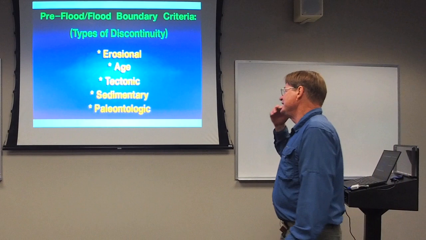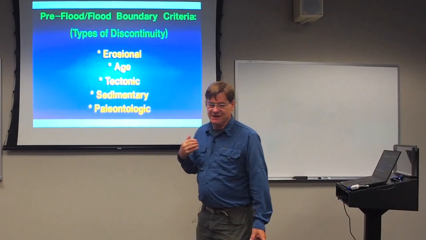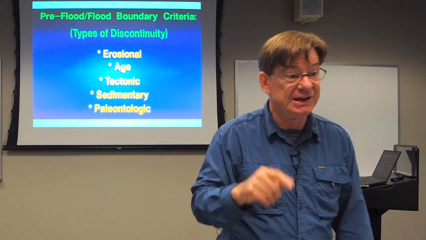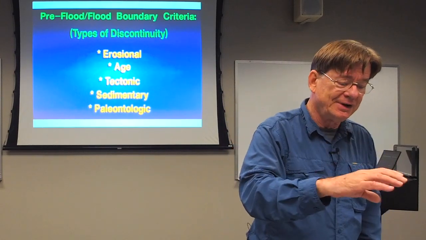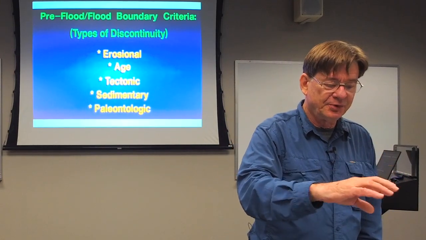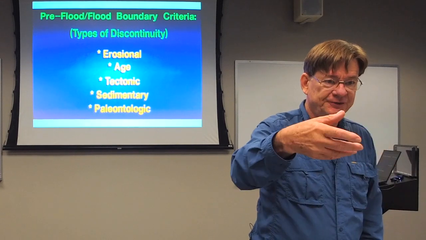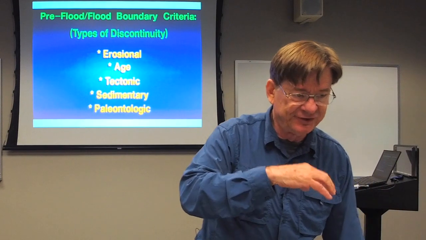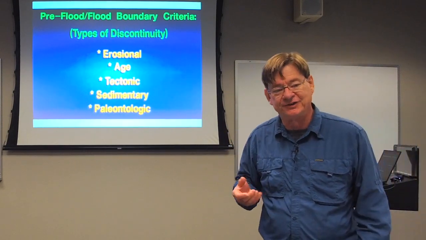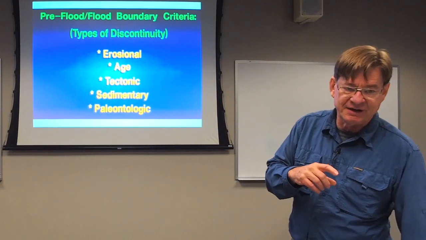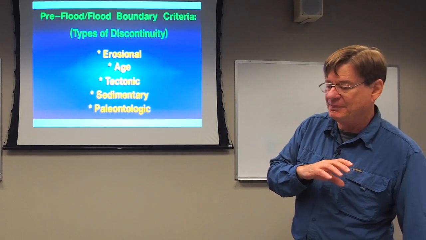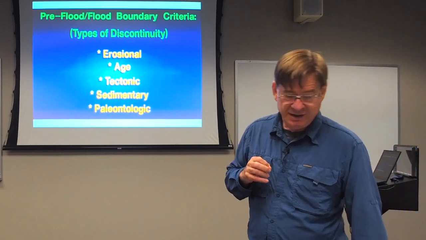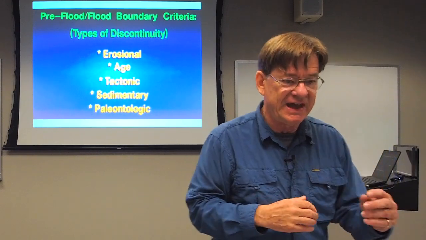Okay, the idea of an age discontinuity. Chiefly in my mind, you might see characteristics of the pre-flood rocks in the first flood rocks. Rocks would be inherited or assimilated into the flood rocks and retain their character from before, and might be indicative of age.